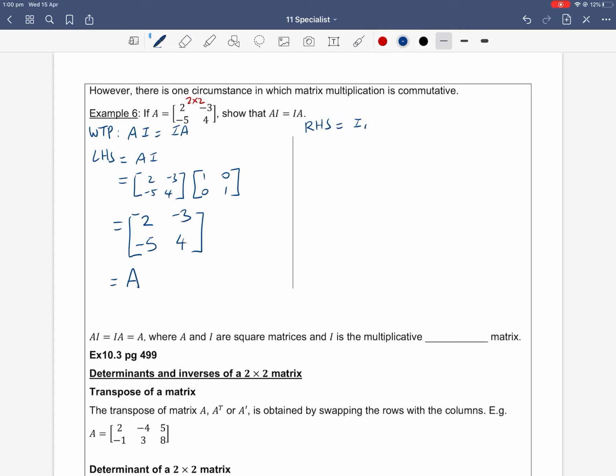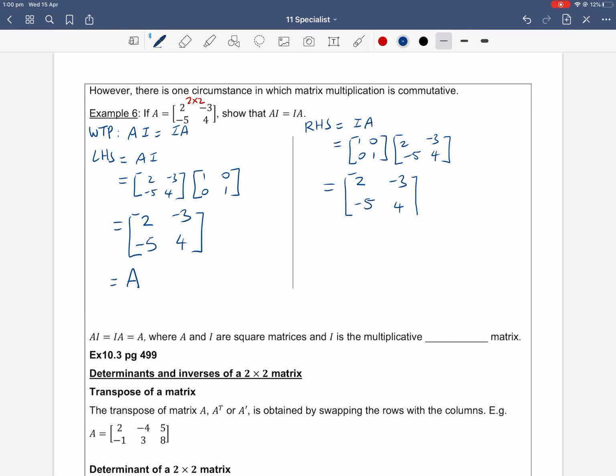Let's look at the right-hand side. We're looking at IA. Again, because A is a 2 by 2 matrix, your identity matrix needs to be a 2 by 2 to be able to be multiplied. So row 1, column 1 gives 2, because 0 times -5 is 0. Row 1, column 2 gives me -3. Row 2, column 1 gives me -5.